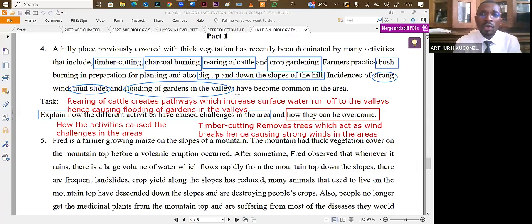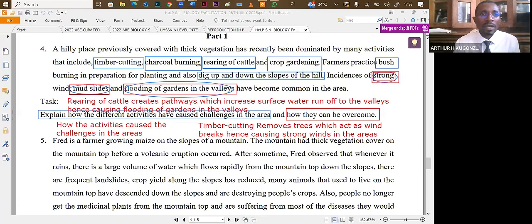And in our scenario, we have the problem of strong winds. We have a problem of mudslides. We have a problem of flooding of gardens in the valleys. So I expect you to give solutions to these 3 problems.